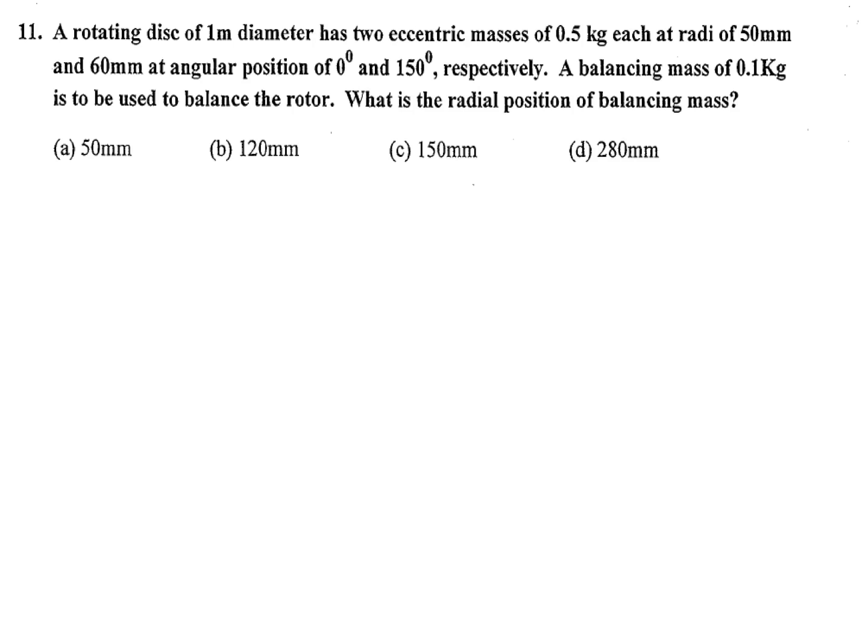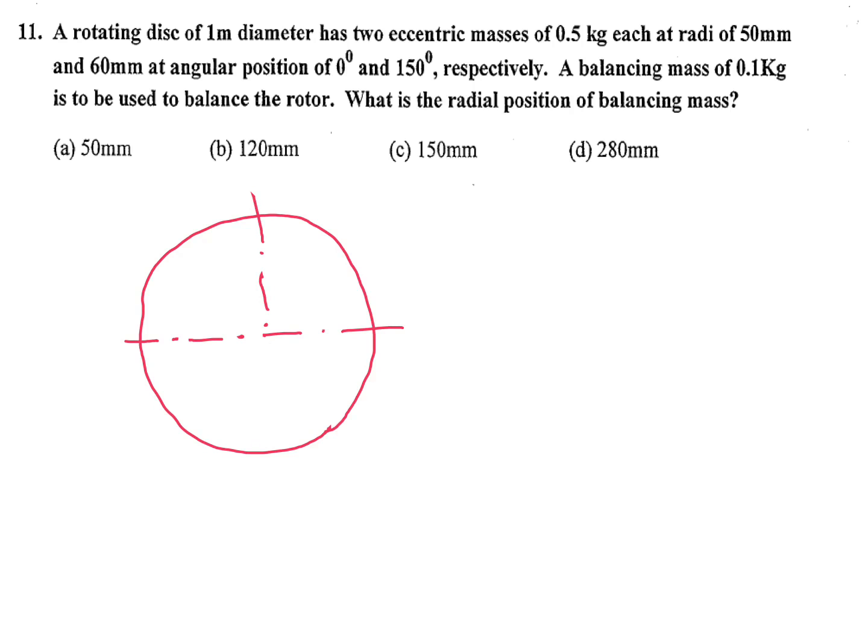So this is the rotating disc. Then the masses: one is at 0 degree, so this is the first mass M1 at a distance of 50 mm, and then the second mass at 150 degree.